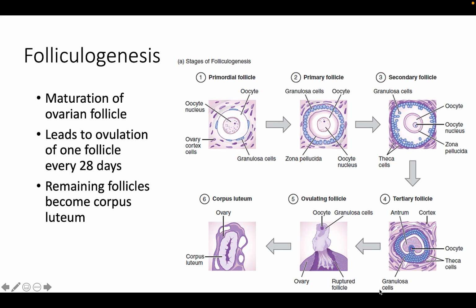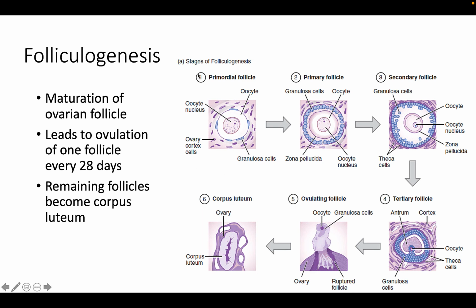So the process of maturation of ovarian follicles is called folliculogenesis. This is literally the formation of a mature follicle, which is the oocyte and its supporting tissues. And this leads to ovulation of one follicle every 28 days.